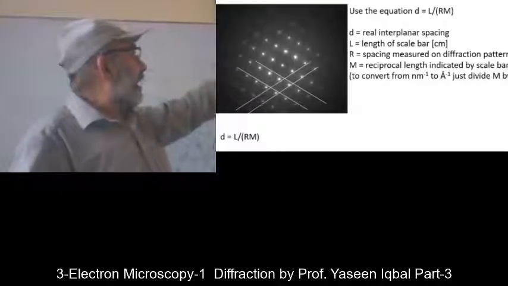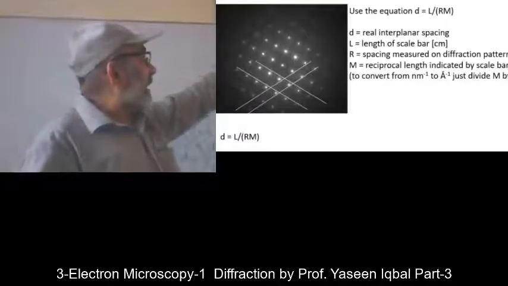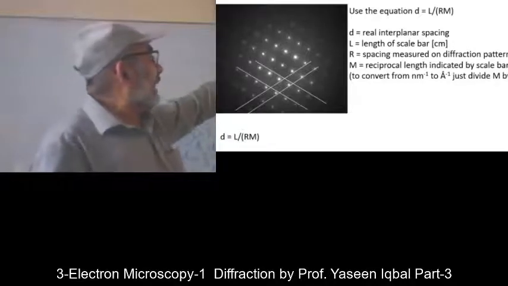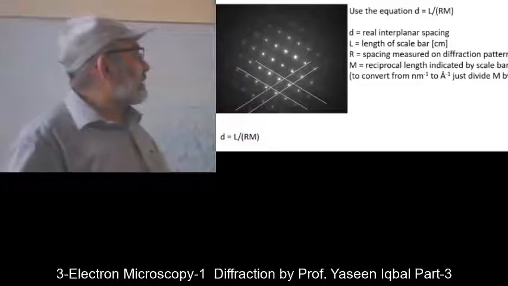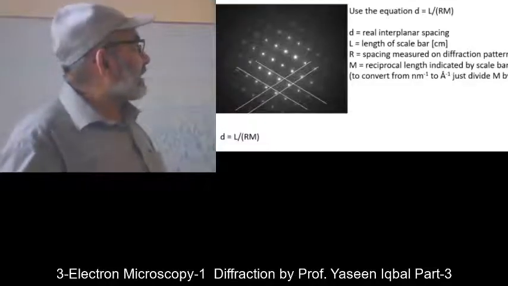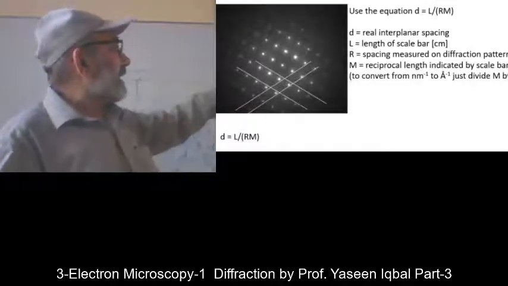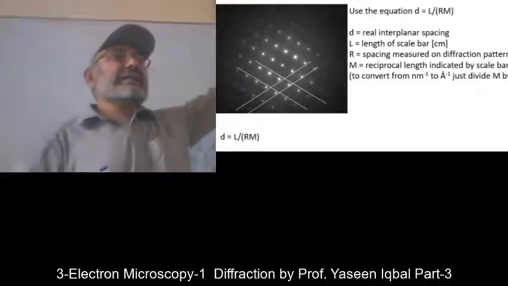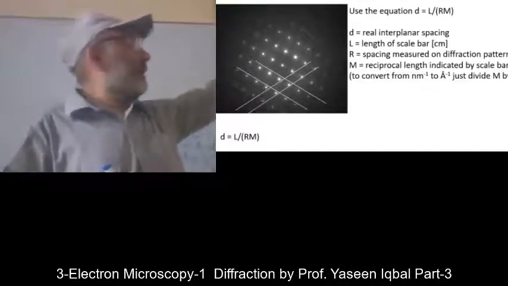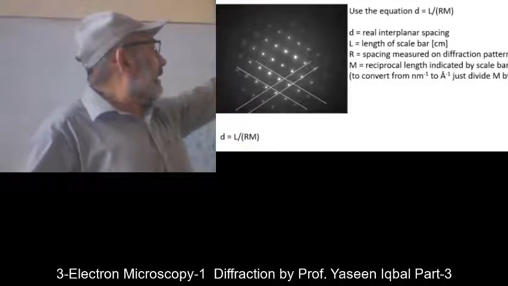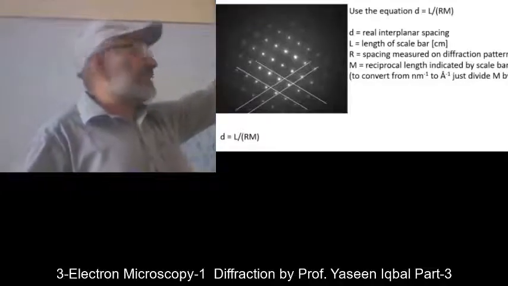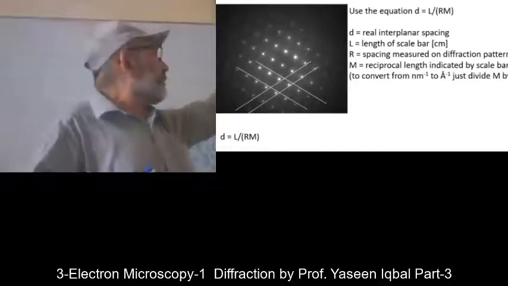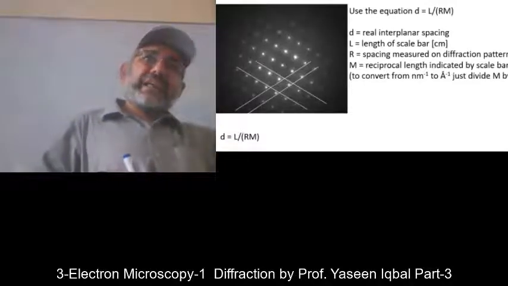So you got R, the length of the scale bar is also measured there, and M is the reciprocal length indicated by the scale bar in angstrom inverse. If it's say 2, then it is the reciprocal length indicated by the scale bar, and by converting them into angstrom, you divide it by 10.